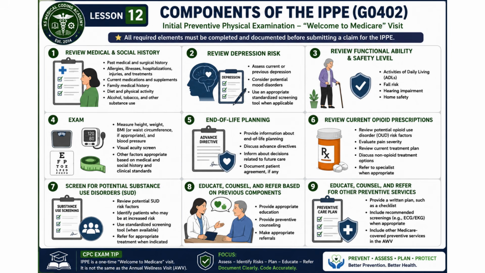The most important coding lesson is to understand what the IPPE includes and ensure that the medical record supports the services performed. CMS identifies G0402 as the IPPE code, while screening ECG services, when performed as applicable, have separate HCPCS codes. Understanding these 9 components will make it much easier to distinguish the IPPE from the annual wellness visit and to answer CPC-style questions accurately.